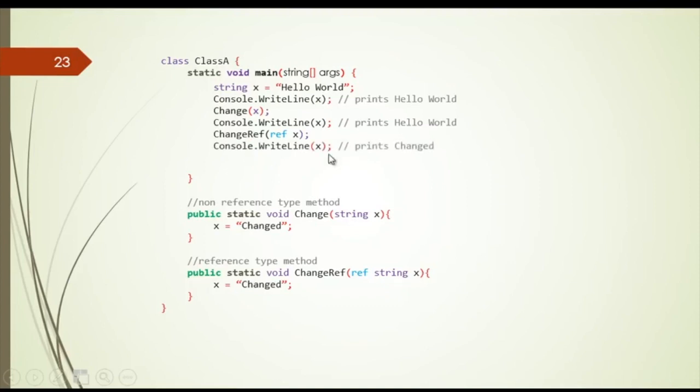So after that, it really prints changed. But I shouldn't have to do that, because only for primitive types should I have to do this. Since it's not a primitive type, it should be passed as reference. So what's going wrong here?